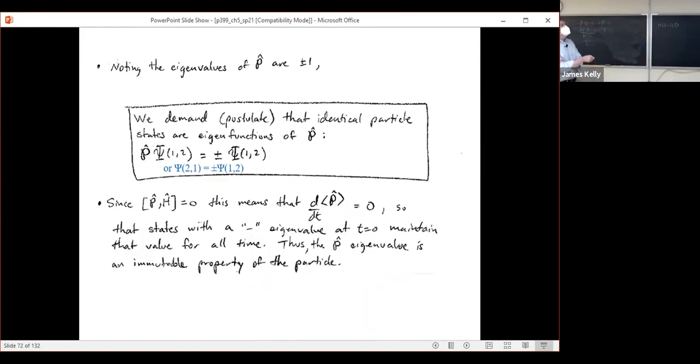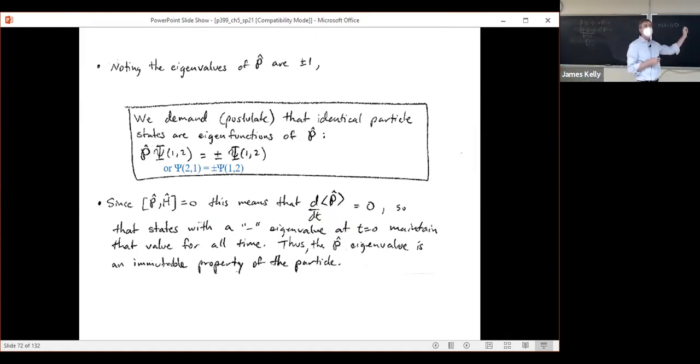And what that means is, you have to kind of think about this for a second. That means that states, so our two allowed states, since we're demanding that identical particles be eigenstates, the ones with a minus eigenvalue at time t equals 0 maintain that minus eigenvalue because the expectation value of that exchange operator is going to be -1. Once it's -1 at t equals 0, it's -1 at all later times.